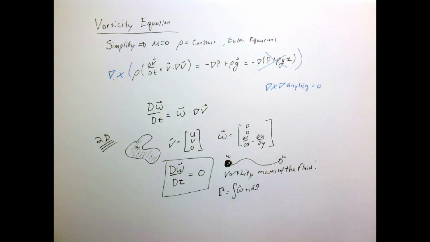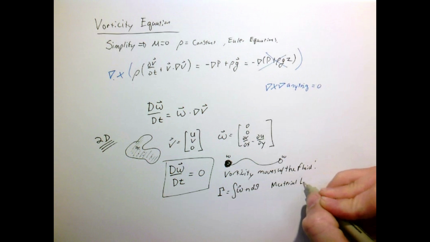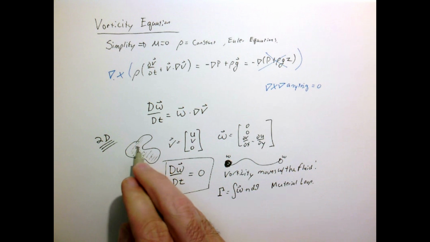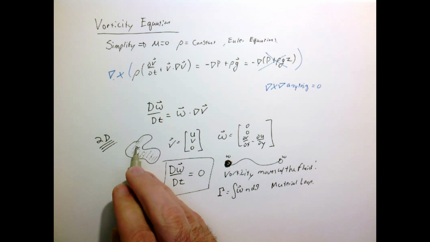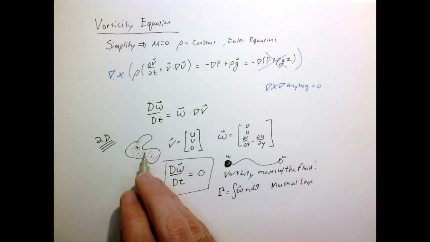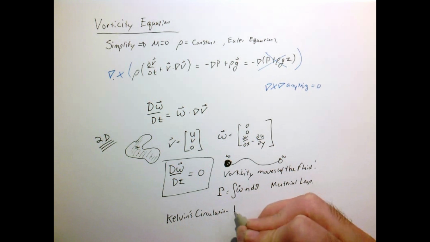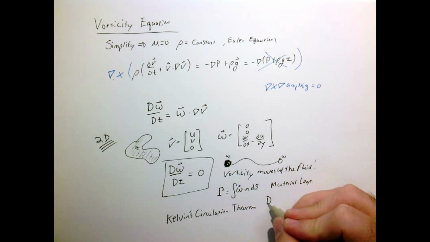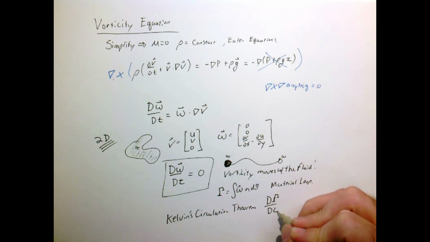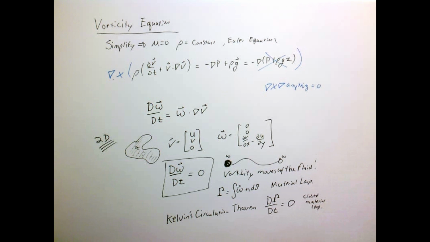So here's our little patch here, and if we calculate the circulation around a loop which moves with the fluid, so around a material loop, we'd be enclosing the same fluid for all time, and since the vorticity of a piece of fluid doesn't change because its material derivative is 0, that would tell us something that in a more general sense is called Kelvin circulation theorem, which tells us the material derivative of the circulation around a closed material loop is 0. So this is a property that we'll use quite a bit.